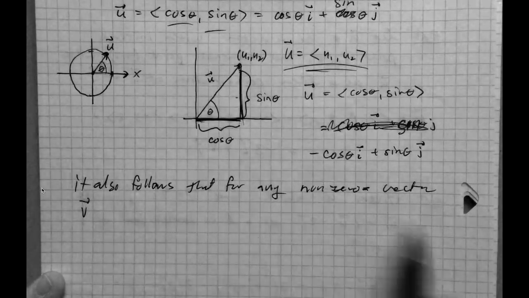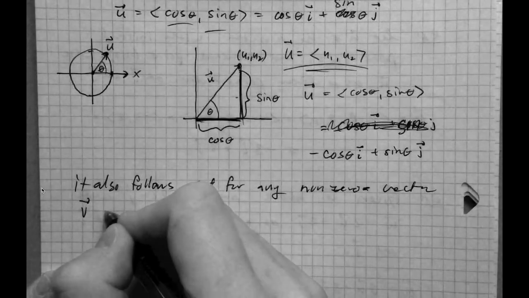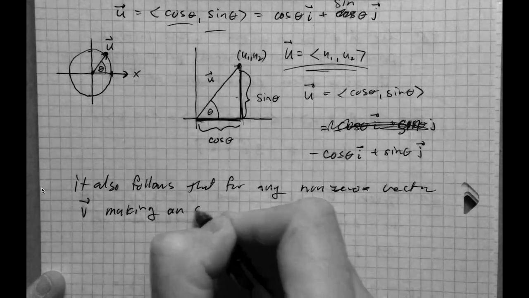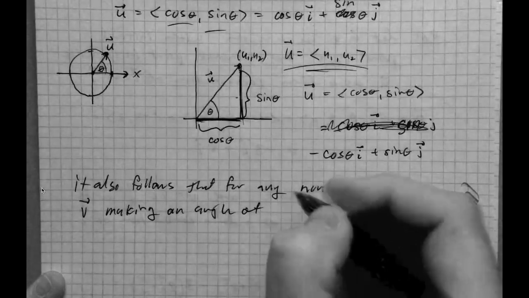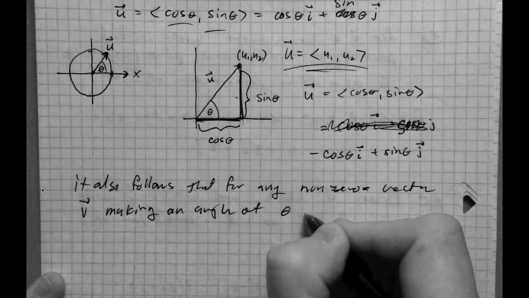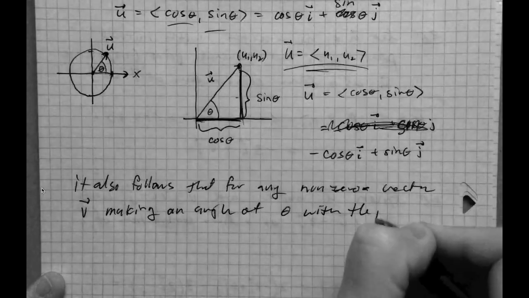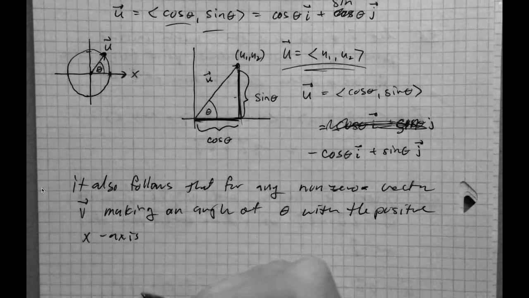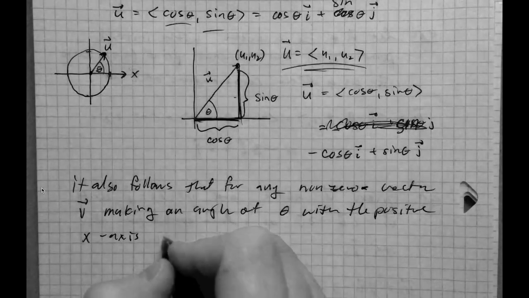Okay, so it also follows that any non-zero vector v making an angle of theta with the positive x-axis has the same direction as u.